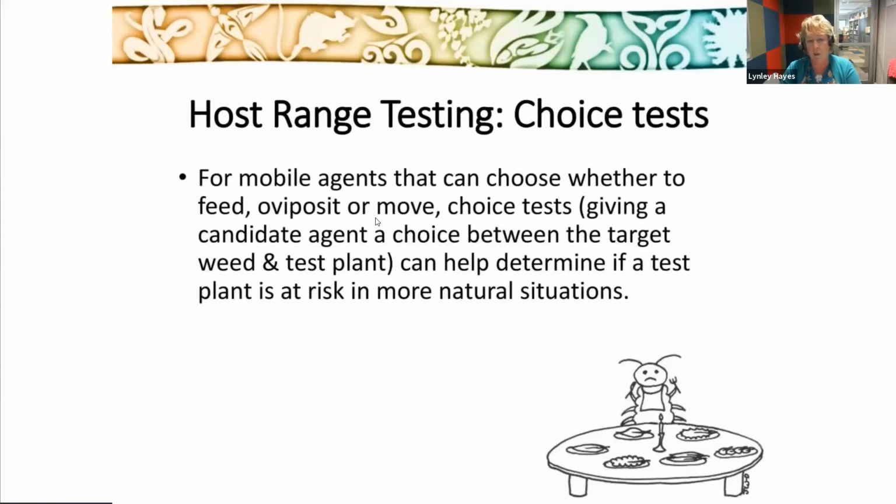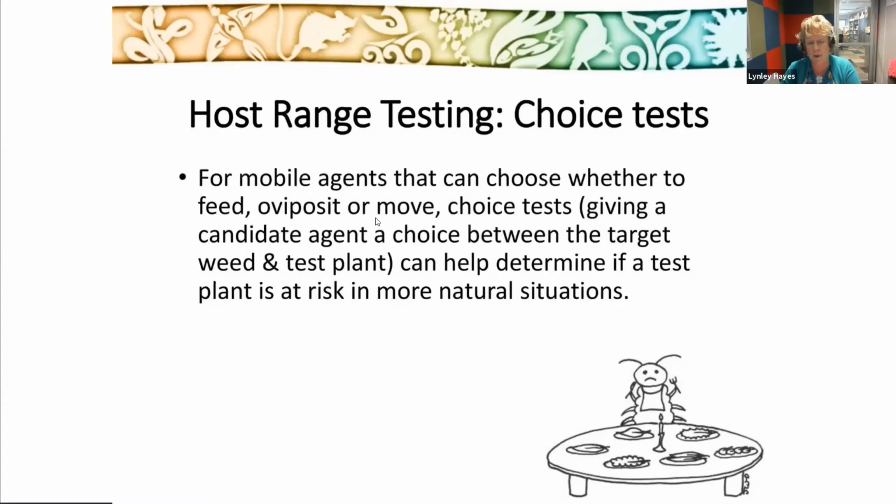But it's often more appropriate to do what we call a choice test, because this is what happens in real life. Insects have to make choices, and they have all their senses. They can smell volatiles from the plant, they can taste, they can see, and so they make choices about which plants they go to and land on, which plants they feed on, and lay eggs on.